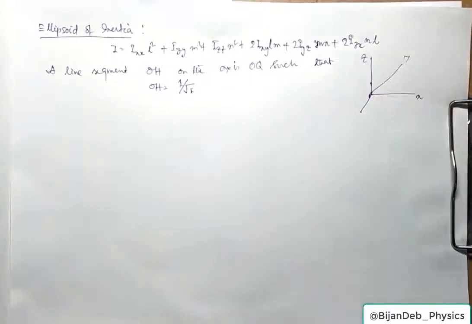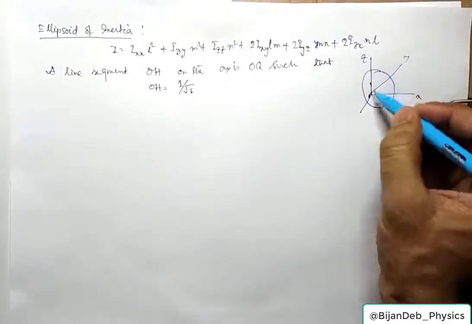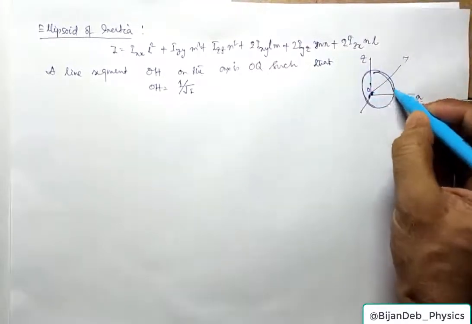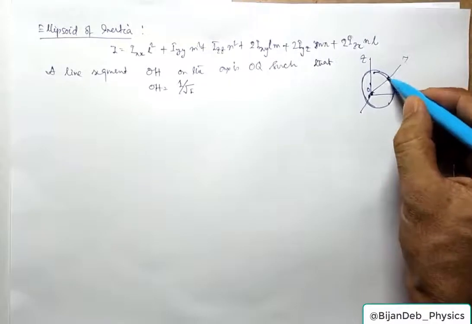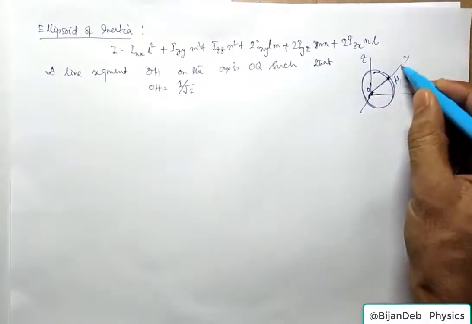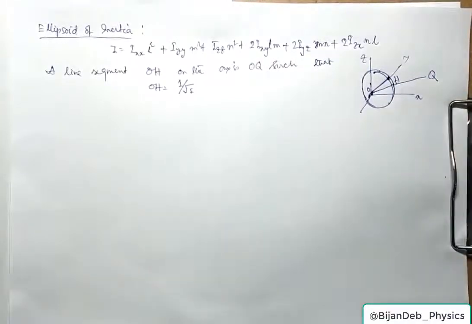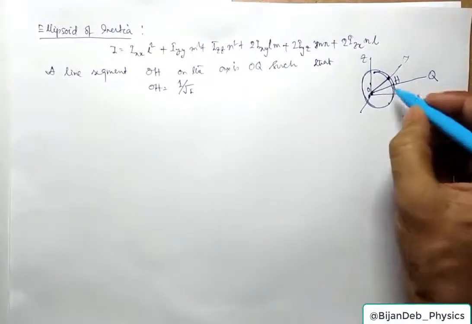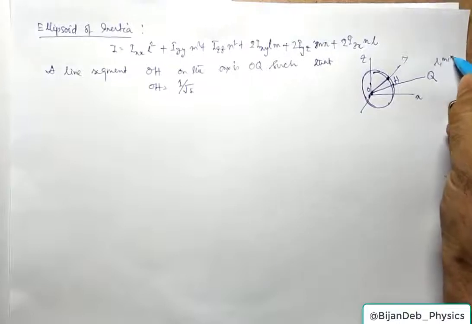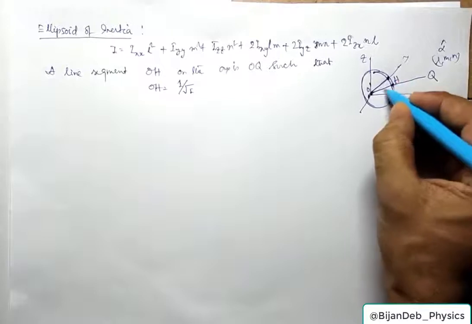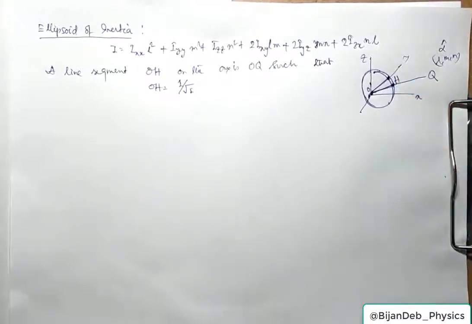Now you have some shape. This is the origin of the shape, and you take this OH, and this is some direction. On the axis which has direction cosines l, m and n, you take OH equal to 1 by root I.